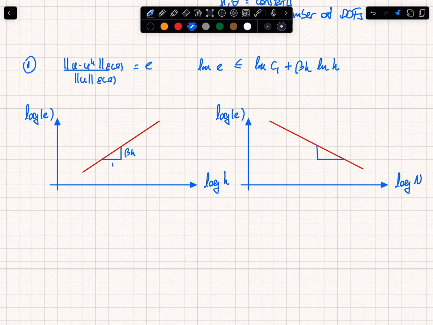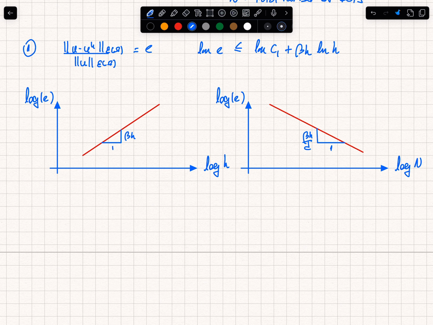And this is going to be beta H divided by d, where d is the dimensionality of the problem. And this comes because h is more or less equal to 1 divided by the total number of degrees of freedom to the power of 1 divided by d, where d is the dimensionality of the problem.